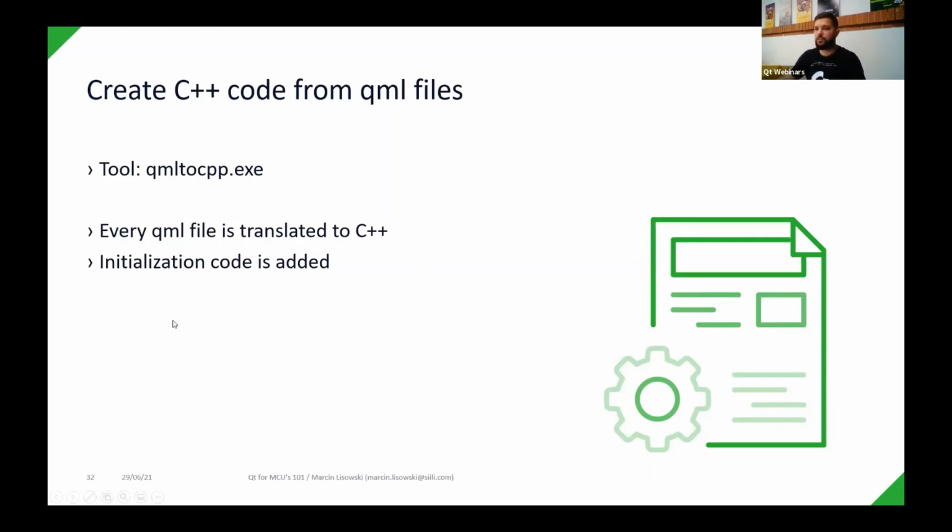And as I said, it's also smart enough to detect which QML files are intermediate for the interfaces, and then it does not create any C++ sources for them. It just uses those to understand the relation between some QML components.